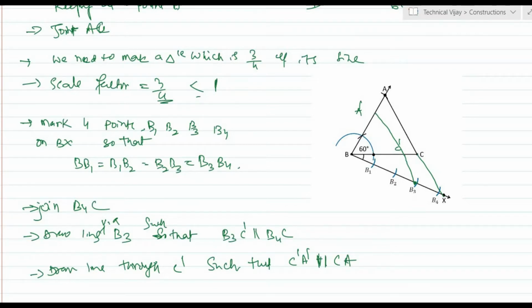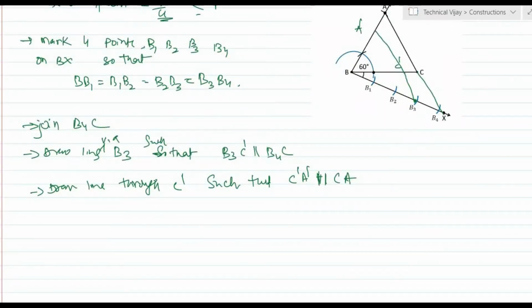So hence, triangles ABC and A dash B C dash are similar because these lines are parallel. So the ratios AC dash by C dash C, BA dash by BA, and A dash C dash by AC are all equal. So hence it is proved.